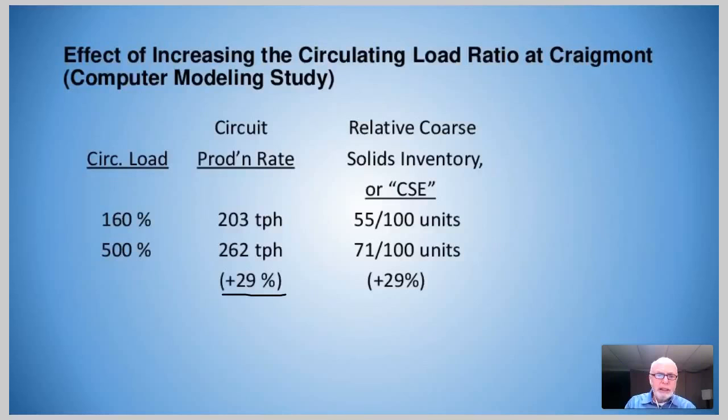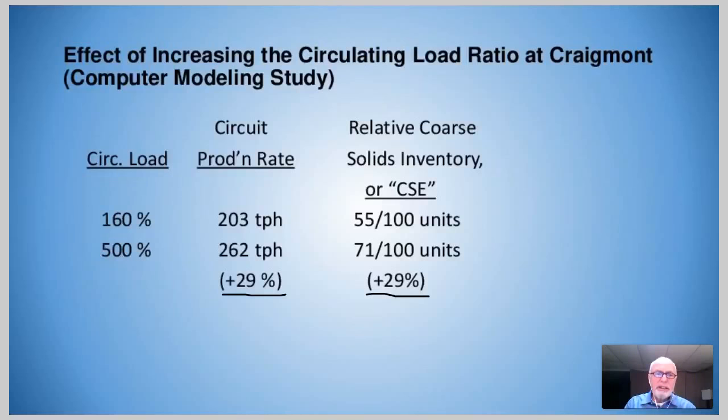By looking at the size distributions going in and out of the mill, we're also able to see that at the low circulating load ratio, the mill contained 55% material coarser than the P80. At the high circulating load, it contained 71% coarser than the P80, an increase of 29%.